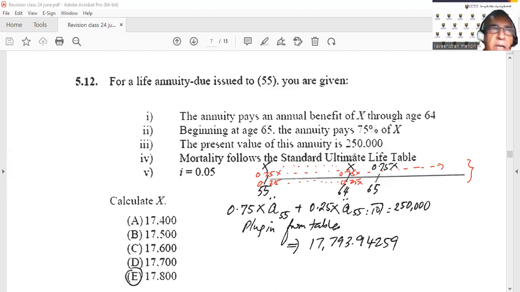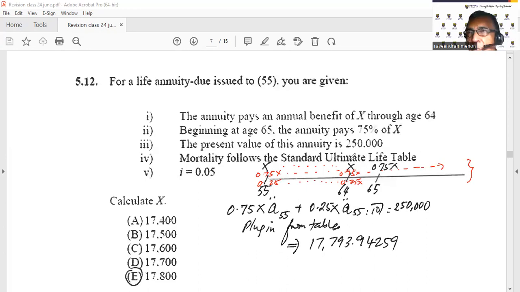So what's the big idea here? We're just trying to work this in an efficient manner. Instead of X all the way up to 64 and then 0.75X starting at 65, I've placed 0.75X all the way starting at age 65. But remember that's not enough.